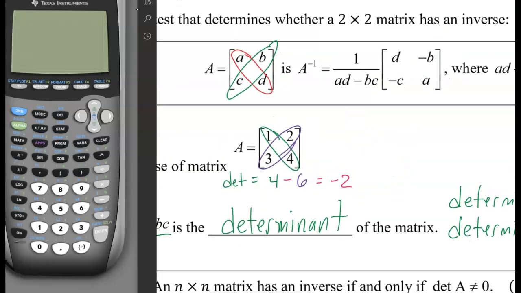Now, this is the way that we can find the inverse by hand. You take the determinant, put it under a 1, and multiply it by this new matrix, which is switching the A and the D and negating the C and the B. But instead of doing all that, because we now know that we can use our calculators for matrices, it is much easier to just input our matrix into the calculator. 1, 3, 2, 4, and find the inverse by hitting the inverse button, which is that x to the power of -1.